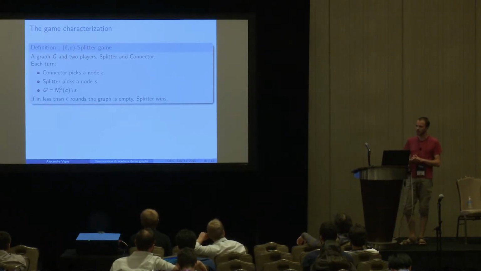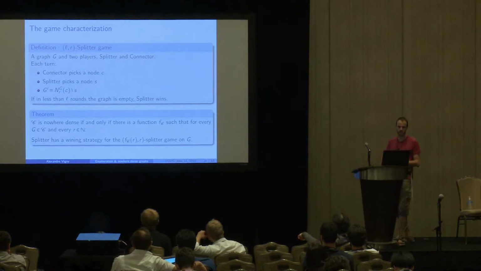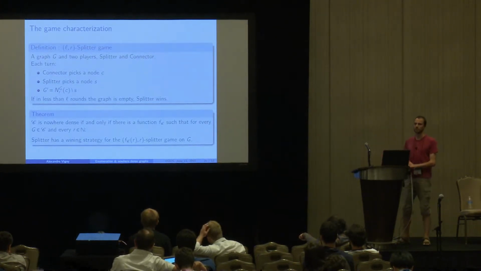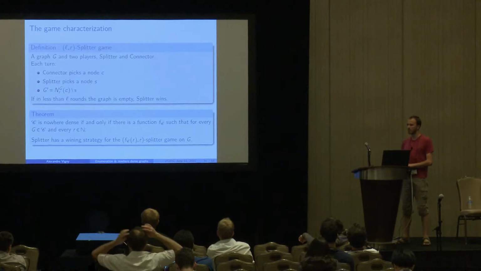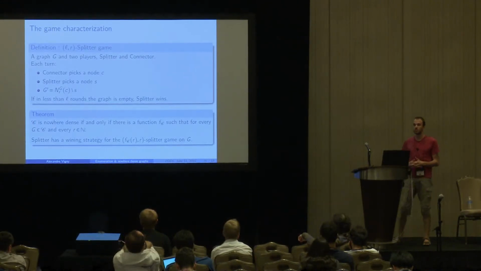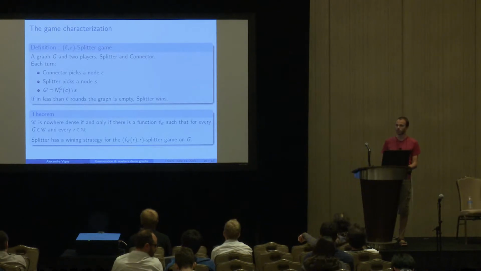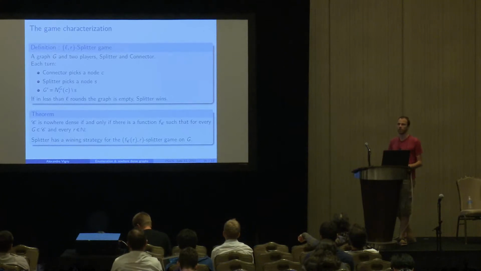We say that splitter wins if in less than L rounds the graph is empty. And so the theorem is that if our graph is in some nowhere dense class, the number of rounds only depends on R and does not depend on the size of the graph. And so this number of rounds, which only depends on R, the radius, and therefore only on the size of the query, will be an inductive parameter used in our preprocessing algorithm.